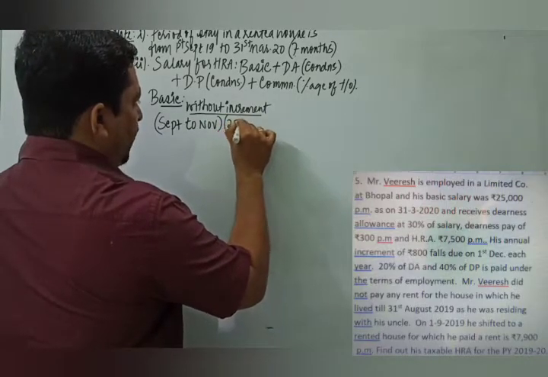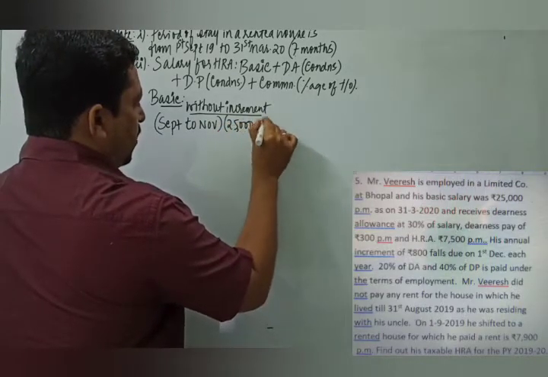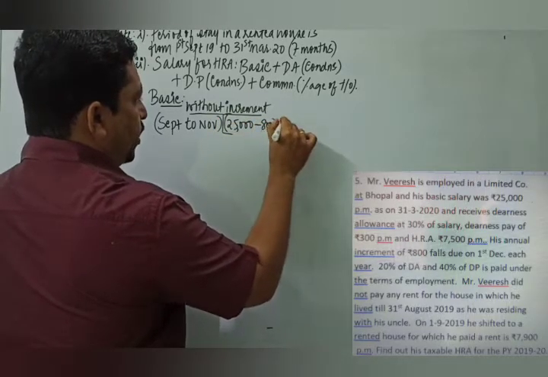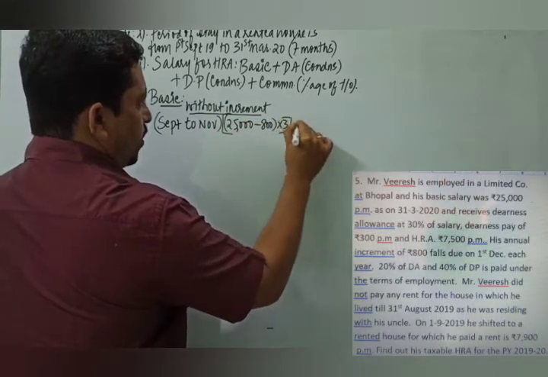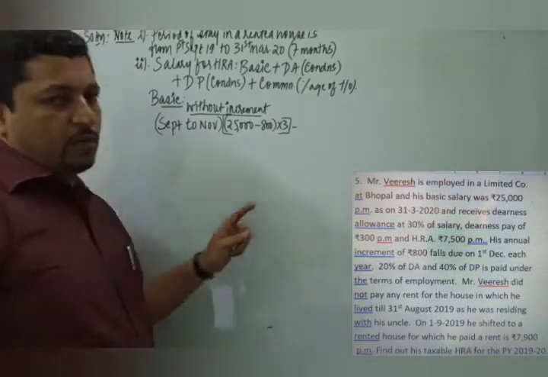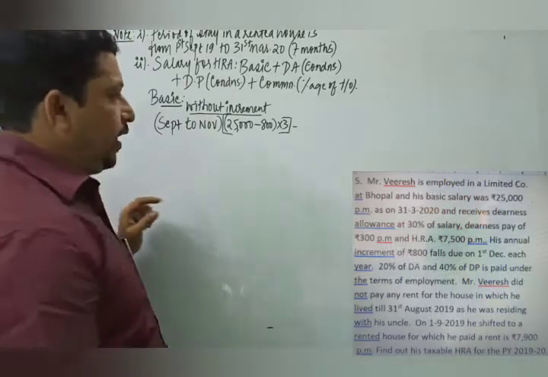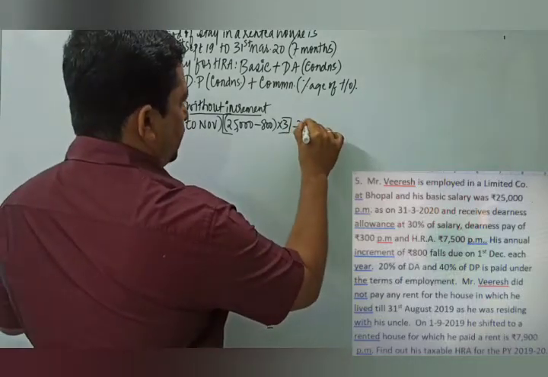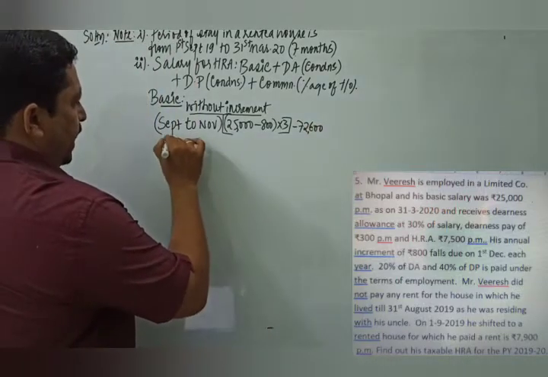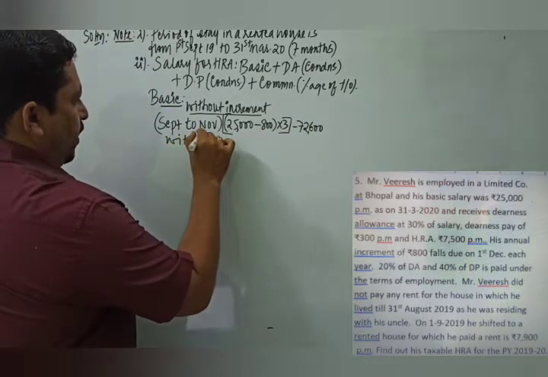That will be 25,000 minus 800 into 3. So without increment, basic portion would work out to 72,600.